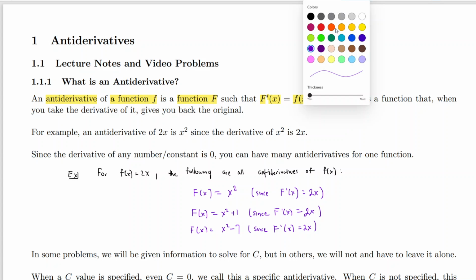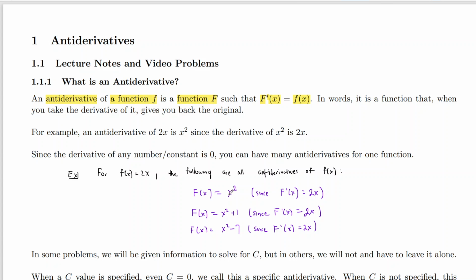What happens in general is that whenever you do an antiderivative, you get your base formula, like the x squared here, which doesn't have anything added onto it, and you add on a plus c.